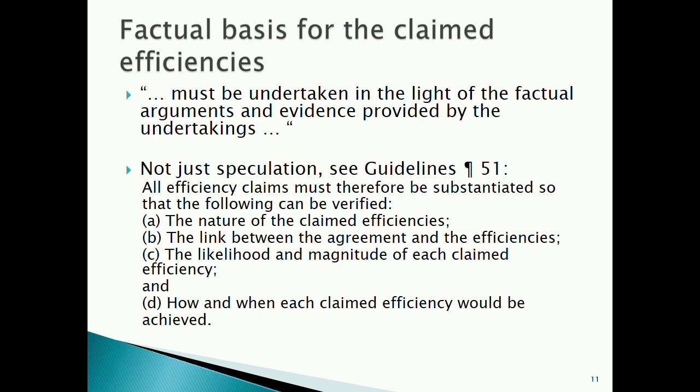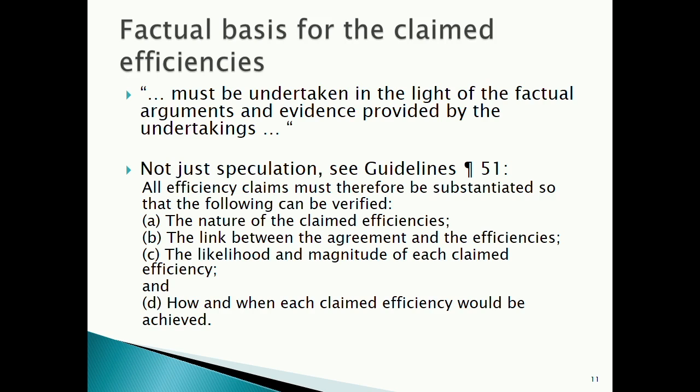Okay. And the Commission guidelines, as I said, all efficiency claims must be substantiated by the nature of the claim, the efficiencies, the link between the agreements. How does this particular agreement cause these efficiencies to materialize in the market? Okay. The likelihood and magnitude.